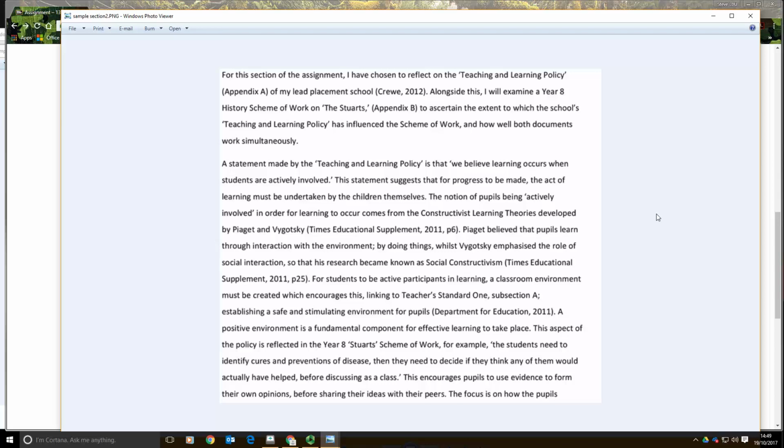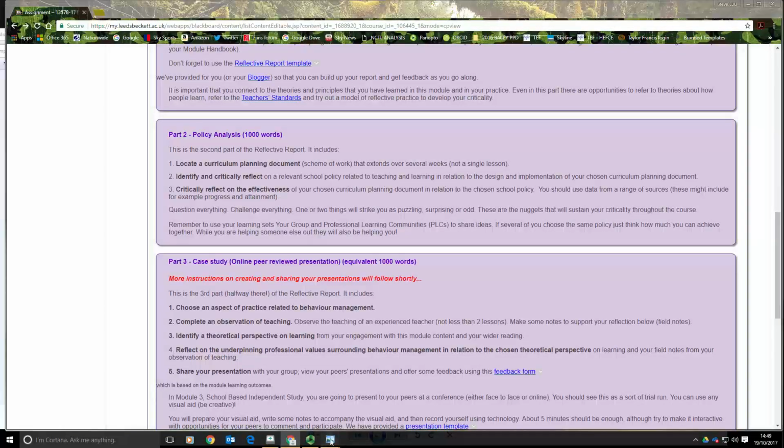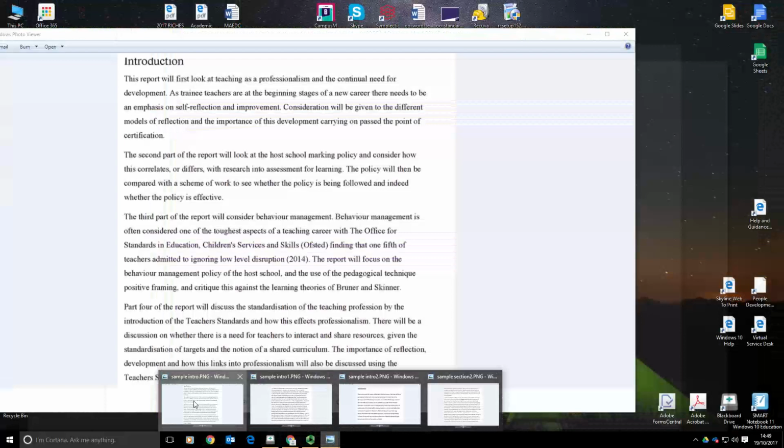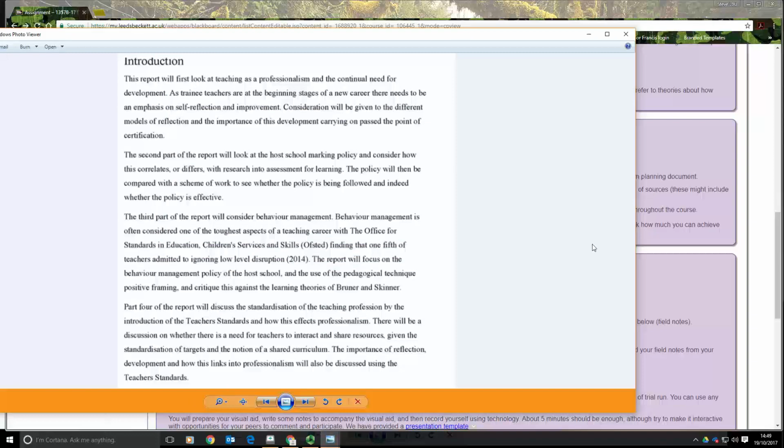We've got another one that shows an introduction to the whole assignment, but also introduces the policy analysis. The reason why I've picked this one out is because I think it's a particularly good introduction anyway. We often find in introductions that students don't give us a really clear structure, a signal about what they're going to do and how they're going to do it.